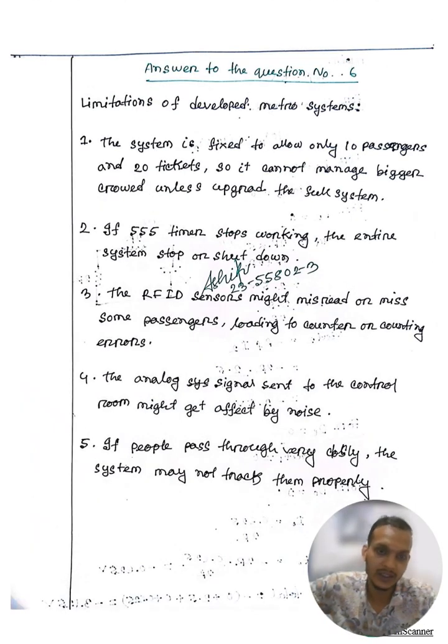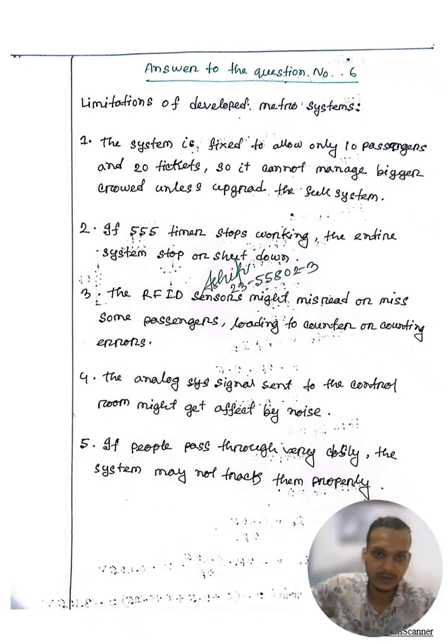In question number 6, I will identify some limitations of the developed metro system. The system is fixed to allow only 10 passengers or 20 tickets, so it cannot manage a bigger crowd unless the full system is upgraded. If the 555 timer stops working, the entire system stops or shuts down.